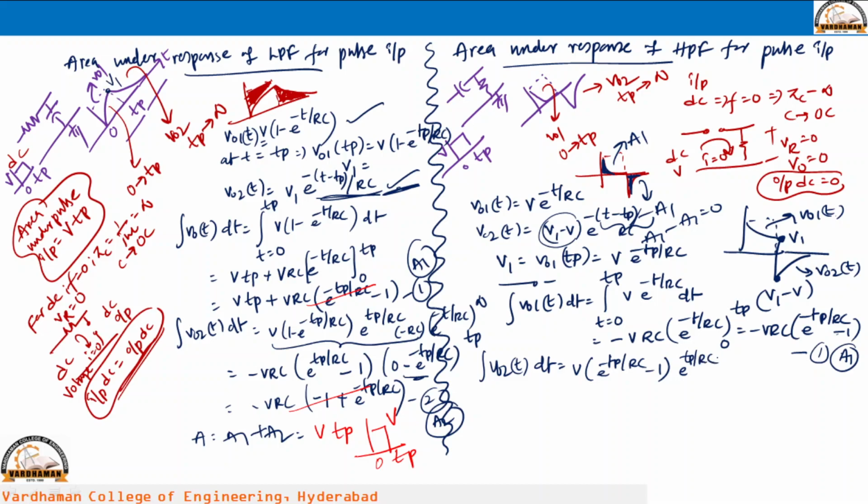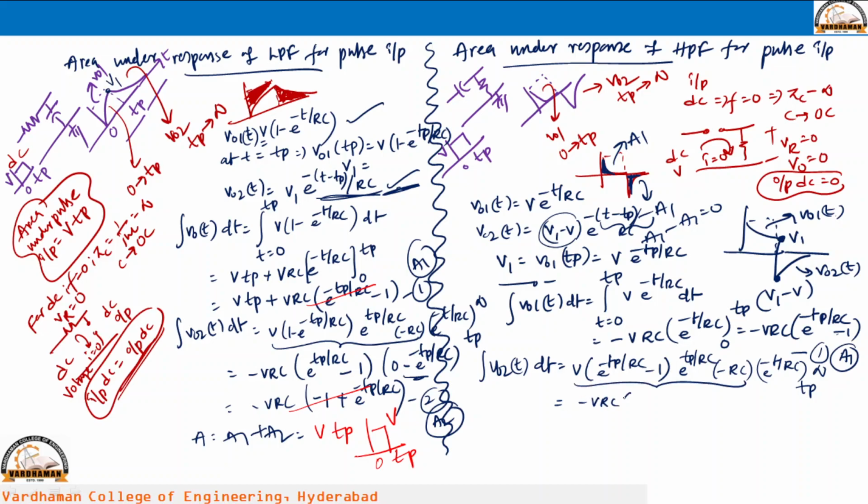Next, for e power minus t by Rc, the integration will be minus Rc into e power minus t by Rc, but here the limits are Tp to infinity. You have to multiply this entire thing.